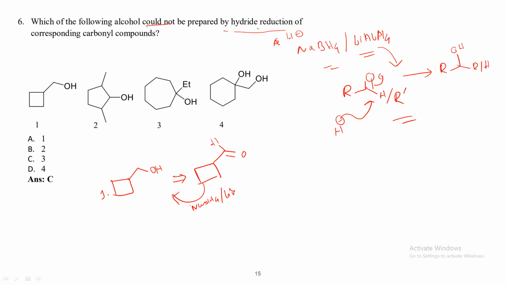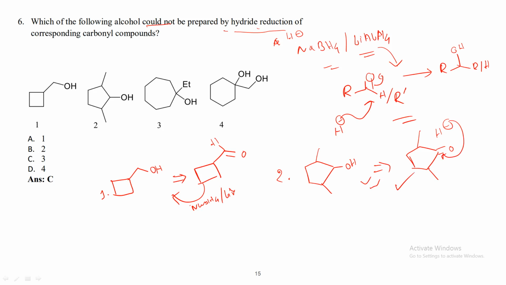So this can easily be prepared by hydride reduction. So one is not the right option. Let's say for two. This is the second molecule. This can also be prepared by reduction of this keto moiety, right? Because H minus can attack over here and generate this alcohol. So this is also possible by hydride reduction.